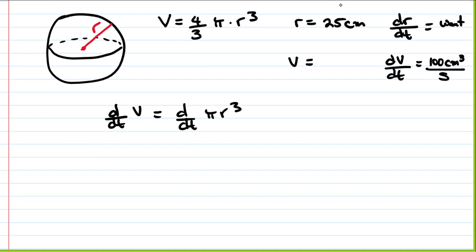So d/dt of V, the derivative of V is 1 times the derivative of the inside, which is dV/dt, is equal to, pi is a constant, so it comes out, the derivative of r cubed is 3r squared times the derivative of the inside, which is dr/dt, by the chain rule. Yeah, there's a 4/3. Thank you. Came out with the constant.